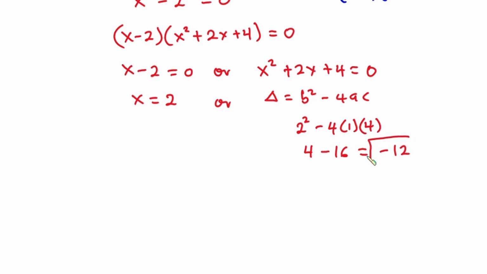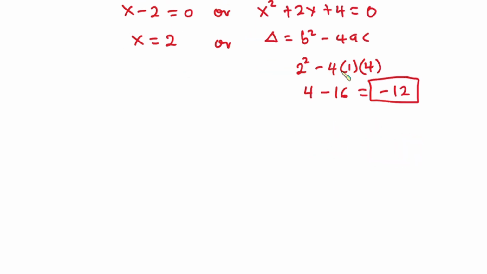Now we see that this value is less than 0, so it means that this quadratic equation has no real root, but the question says we should find x to the second power minus 3, so it means that imaginary solutions are also important. So let's solve for that.